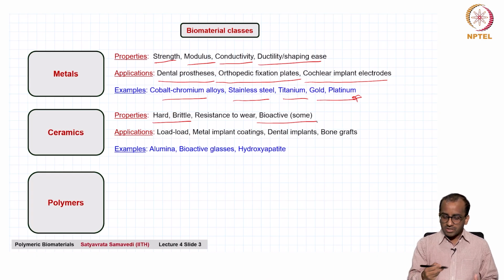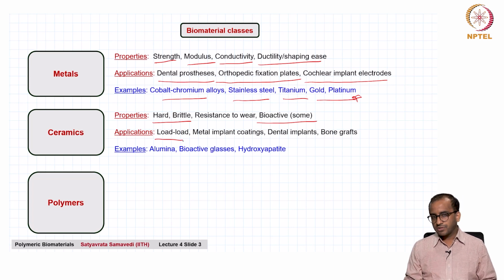Typical applications, not unlike metals, are load bearing applications. We also saw that you can have spray coated ceramic coatings on metal implants that improve the surface bioactivity of the implants, thus leading to a better degree of osseointegration with the surrounding bone tissue. Of course, you can have dental implants and bone grafts that are used.